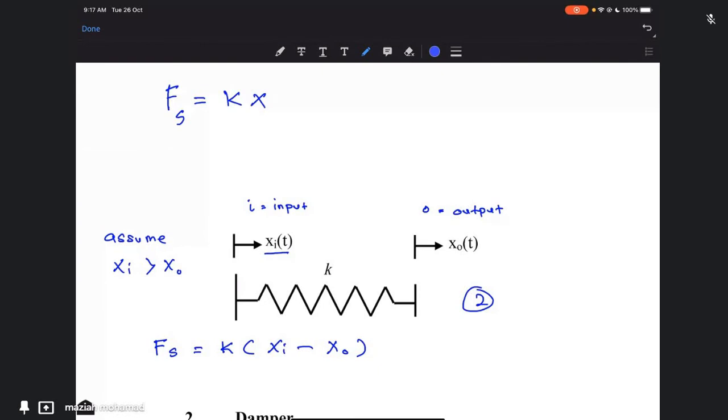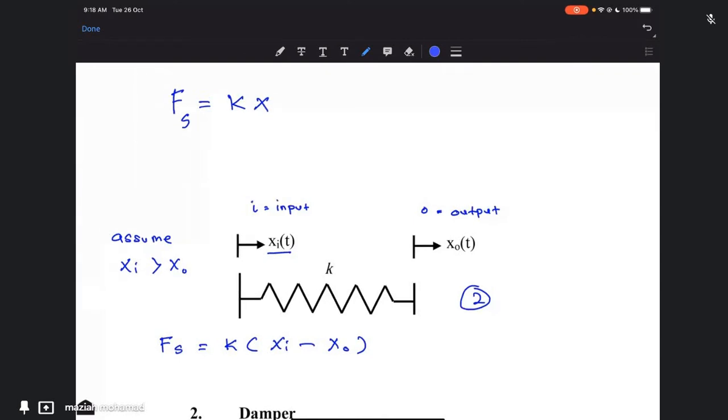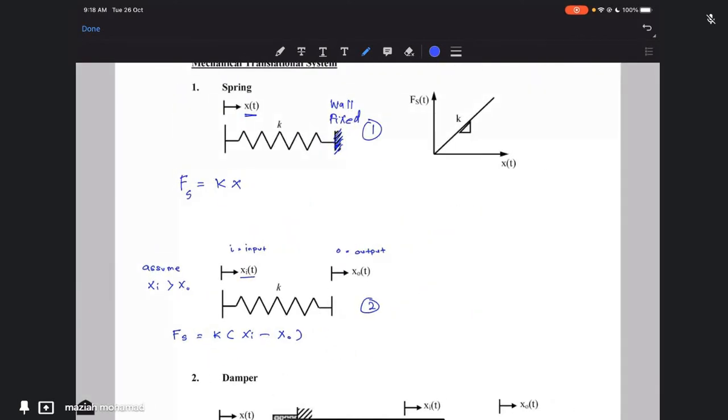It's just a notation actually, but in order to simplify the process, we just assume xi is bigger than x naught. So the equation becomes K times xi minus x naught. So two scenarios for the spring: F equal to Kx, or Fs equal to K times xi minus x naught. That is the first element.